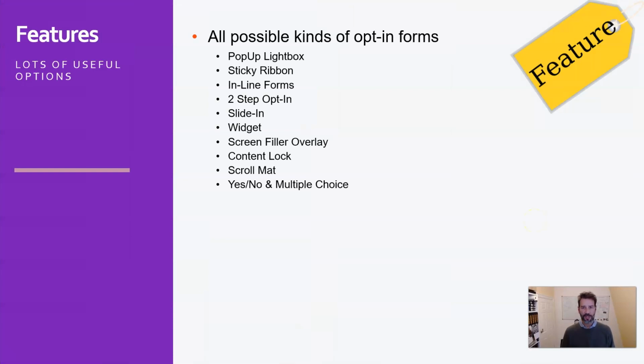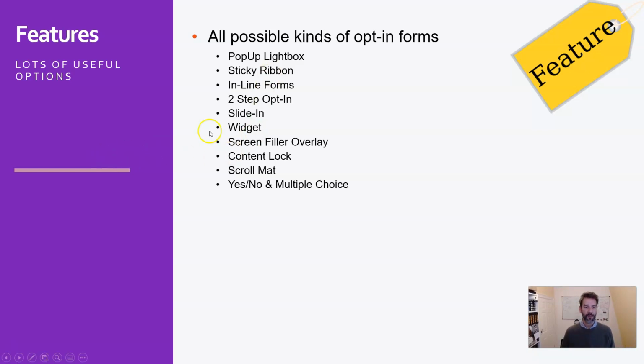If we take a look at the features, then you can see that one of the most important things, at least the one that triggered me to start with TV, is the use of a lot of different forms. And you can see a whole array here. And for me, a couple of non-obtrusive ones are very interesting as well. For example, the sticky ribbon, which is just a ribbon on top of the page, which also works very well on mobile because obviously you don't have a lot of space there.